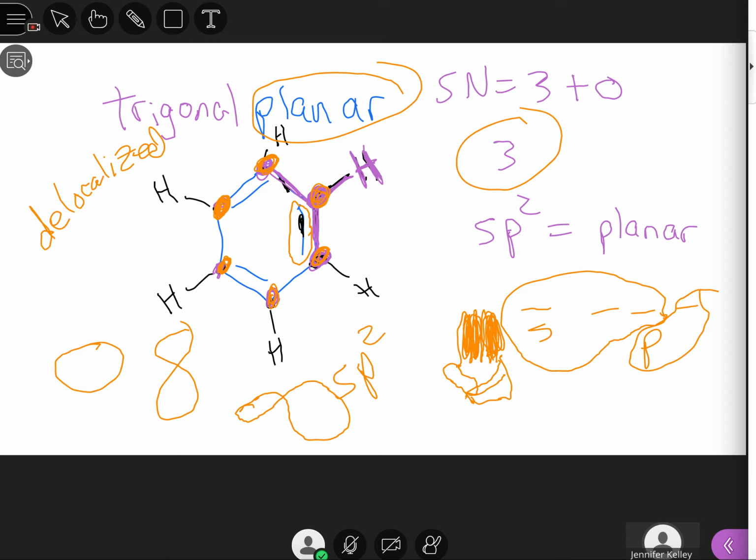If you see alternating single and double bonds, then you'll see some delocalized electrons. And what that means is, instead of being right here or right here, it sort of becomes like this big cloud that kind of hovers over the whole thing. So this one would count for both of those. Let's clear this because it's kind of hard to read now.